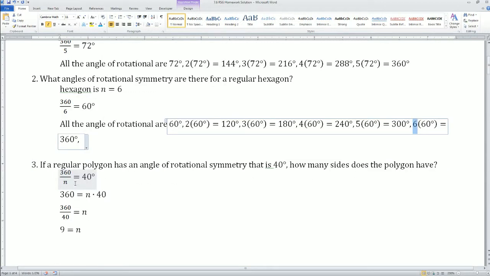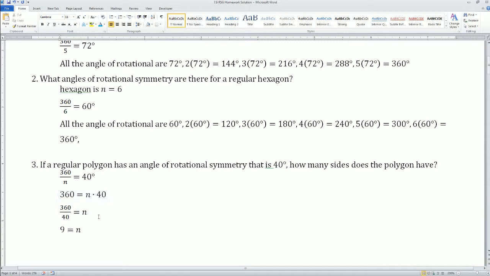Next, if a regular polygon has an angle of rotational symmetry of 40 degrees, how many sides does the polygon have? Again, to do this, we just do some algebra by setting 360 degrees divided by n equals 40, because it says the rotational symmetry is 40. Then multiply by n to get rid of the division. That's how you get 360 degrees equals n times 40. Some of you might see this as cross multiplication.